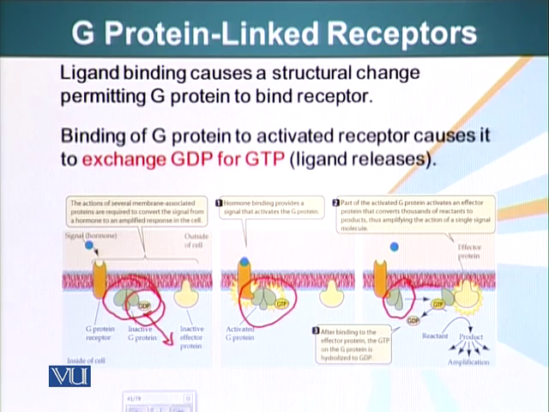It is still attached to the inner surface of the plasma membrane through a special type of hydrophobic molecule called farnesyl group. It finds its effector protein, the protein that is going to transmit the effects of this ligand receptor interaction to the rest of the cellular machinery.